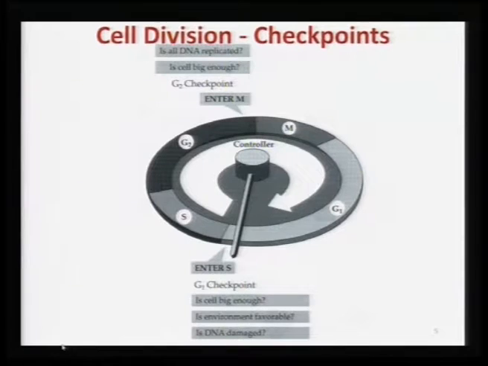Now, this is very important in the cell cycle process, that it is controlled by checkpoints. If you see most of the Indian roads, at many points when you enter from one state to another, for example, from Uttar Pradesh to Delhi, there will be a checkpoint at the border.